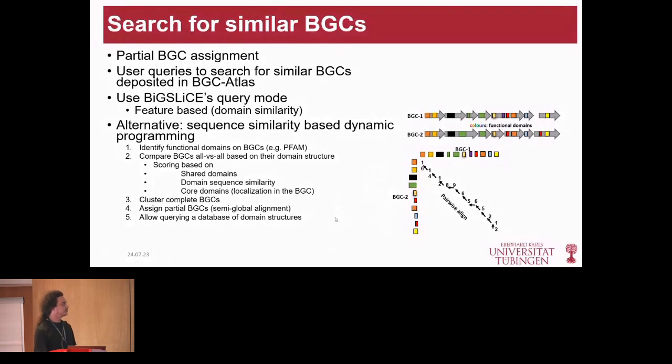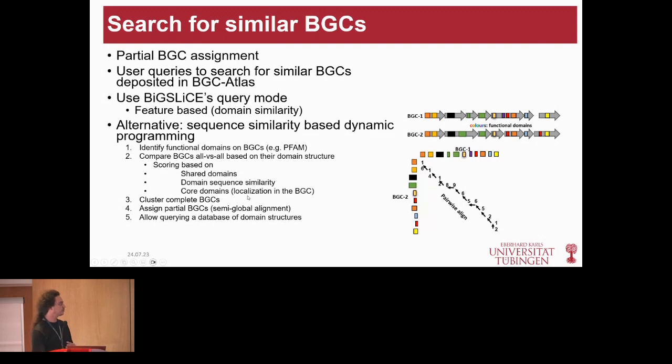What we do is we first identify all the functional domains on each gene cluster, because the domains are most of the time what's responsible for producing the type of product. Then we do an all-versus-all comparison of these domain structures based on the shared domains and their similarity to each other.